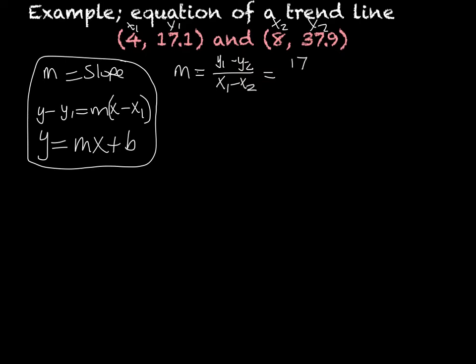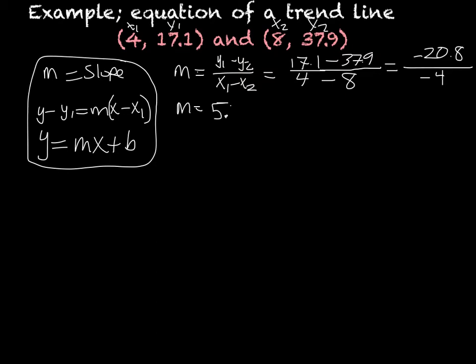Y1 is 17.1 minus my y2, which is 37.9, divided by 4 minus 8. So that's going to give me a negative 20.8 over a negative 4. And then if I want to actually just write it as a decimal, in this case, m is 5.2. Positive. Double negative makes positive. So I have my m.